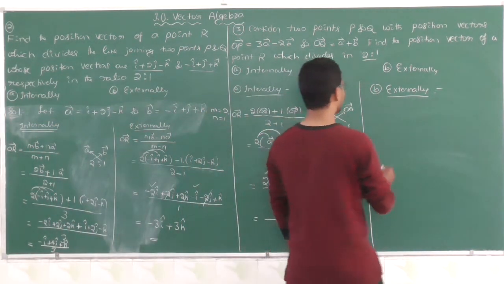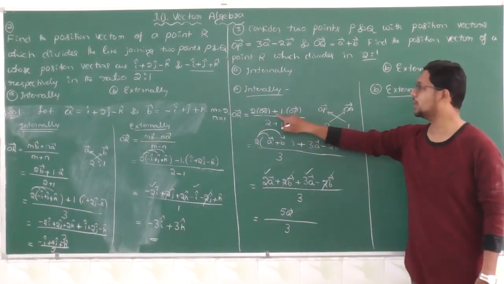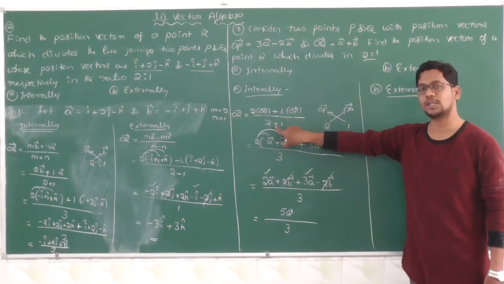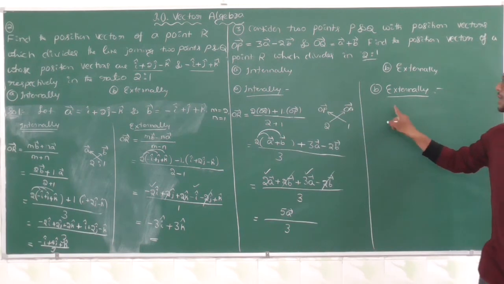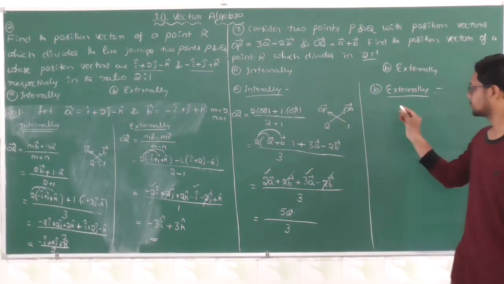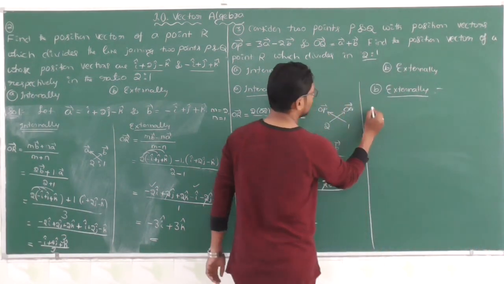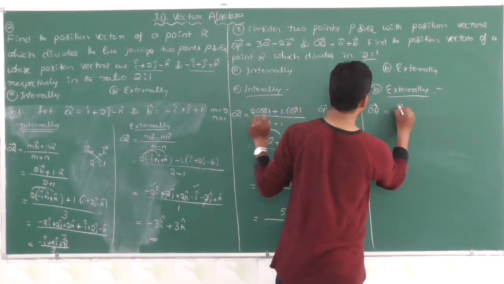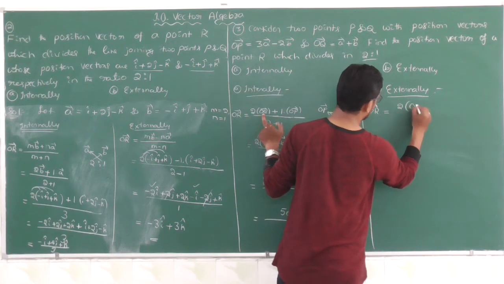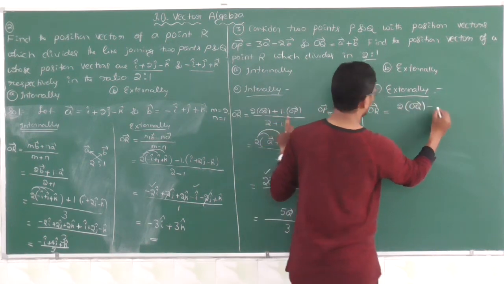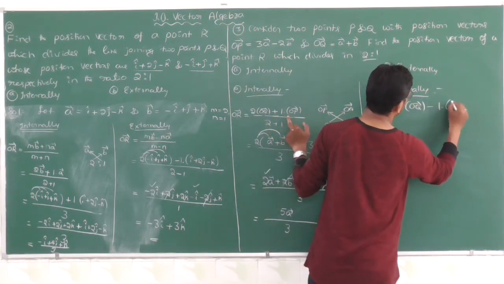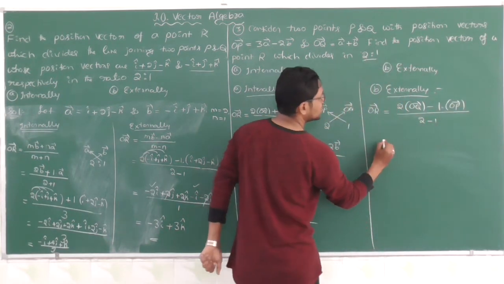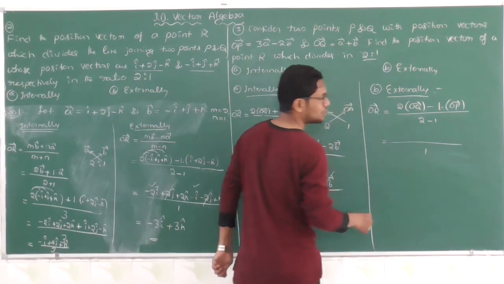What about the external case? In the internal case, we have taken plus, the numerator is plus and the denominator is also plus. In the external case, we have to take minus. Position vector OR vector equals 2 into OQ vector minus 1 into OP vector, divided by 2 minus 1. 2 minus 1 is how much? 1.